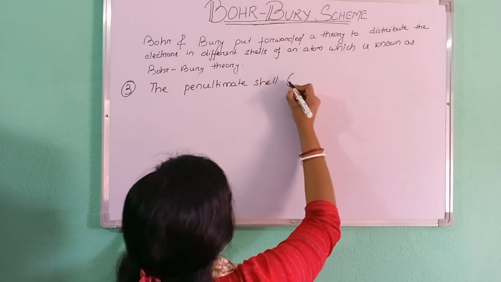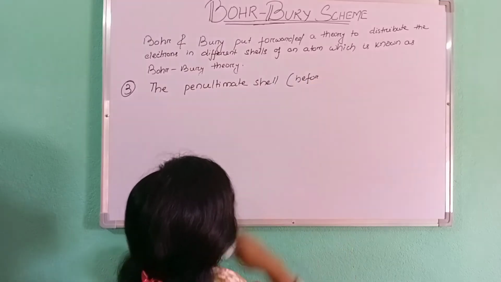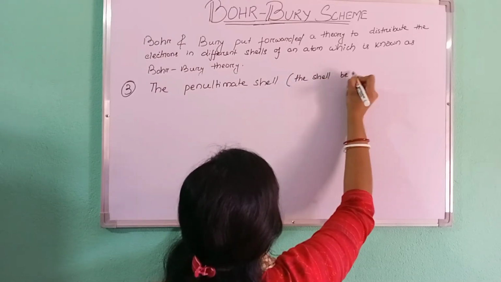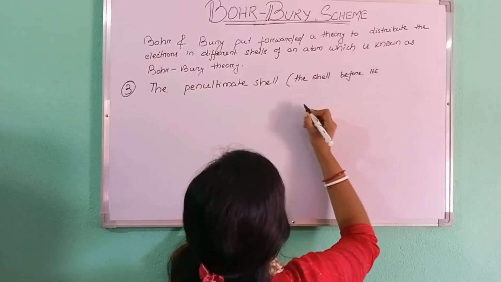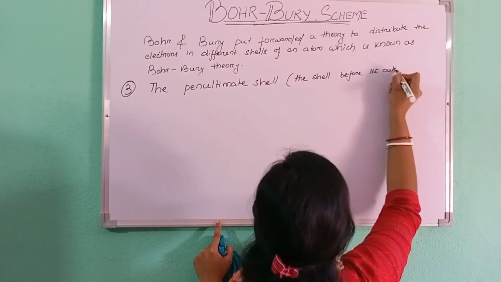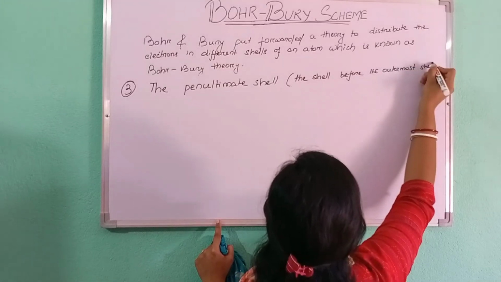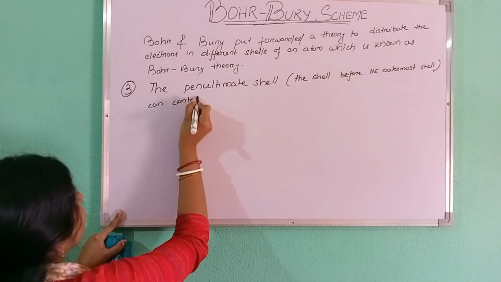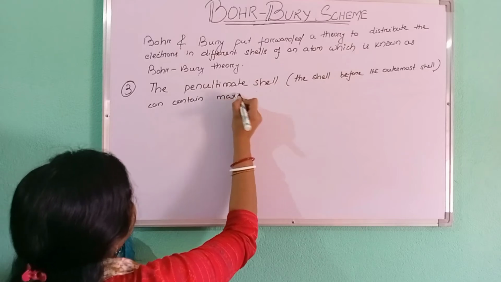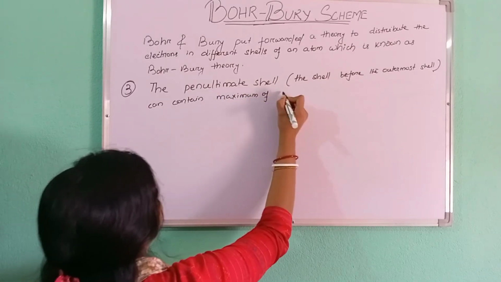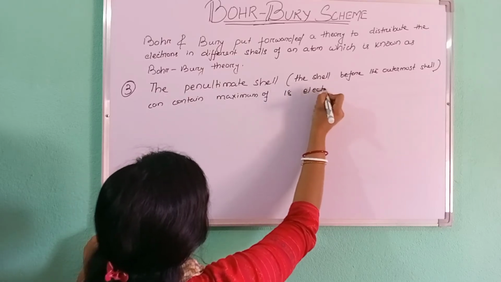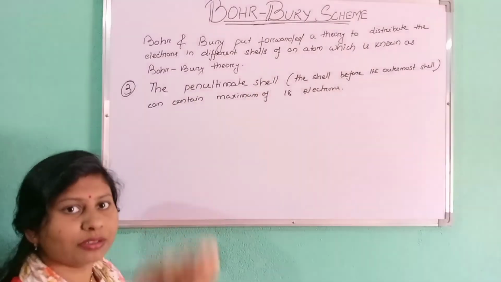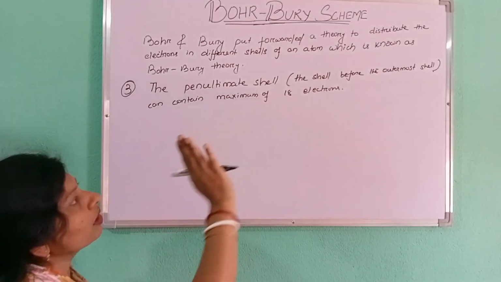So the penultimate cell, the cell before the outermost cell, can contain a maximum of 18 electrons.